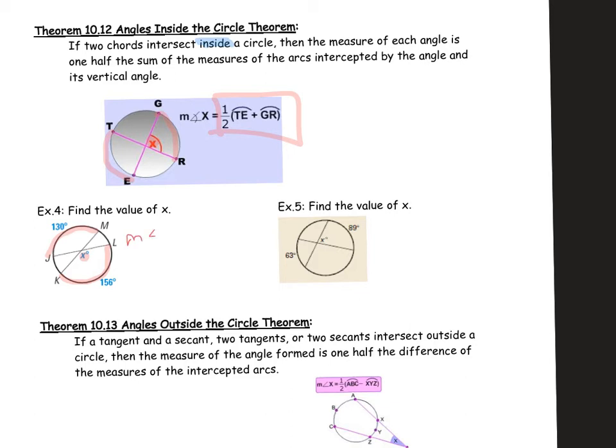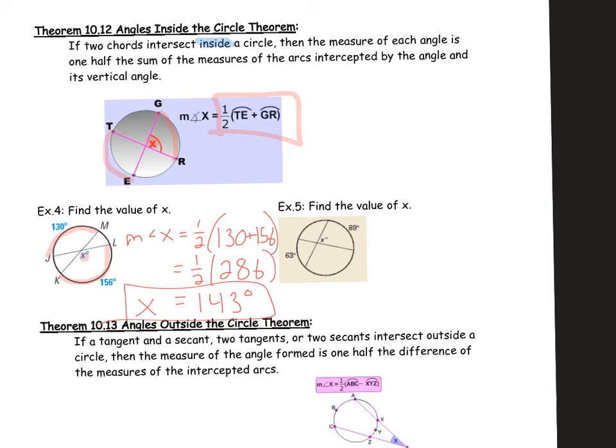So to find the measure of angle X, we have to add them up and take half of it. So 130 plus 156, we get 286 when we add them up. If I divide 286 by 2 or multiply it by 1/2, I get 143 degrees for X.